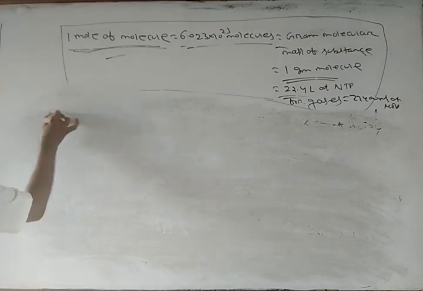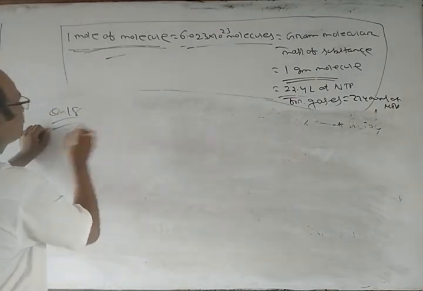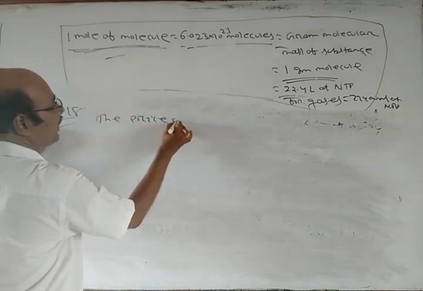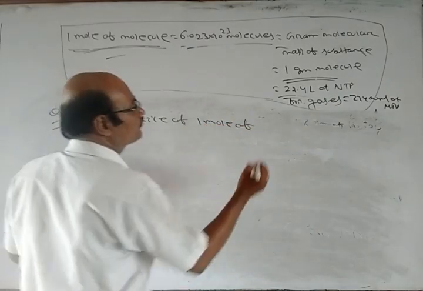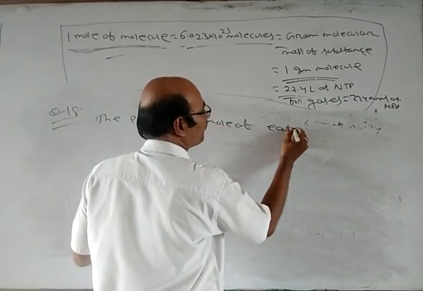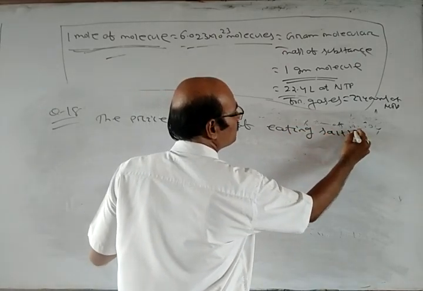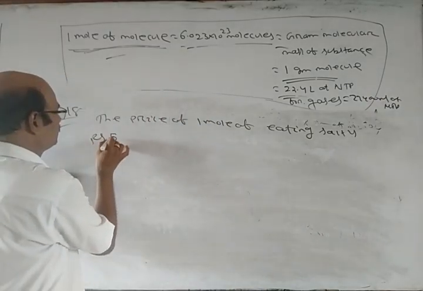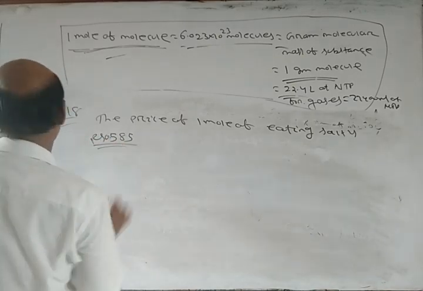Now question number 18. Okay, let's see. The price of 1 mole of eating salt is rupees 0.585.